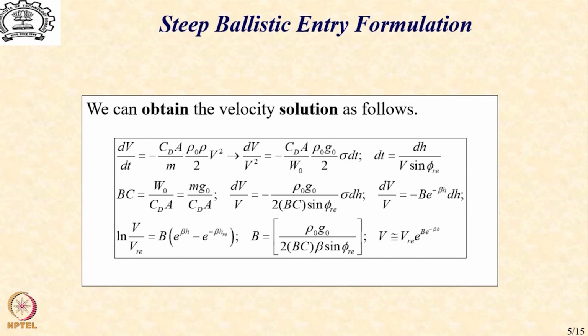Please note that CD is the drag coefficient, A is the area, which are both constants for a given vehicle. Similarly, we assume that there is no change in the weight of the vehicle as it re-enters. So, it is a constant for a given vehicle configuration.